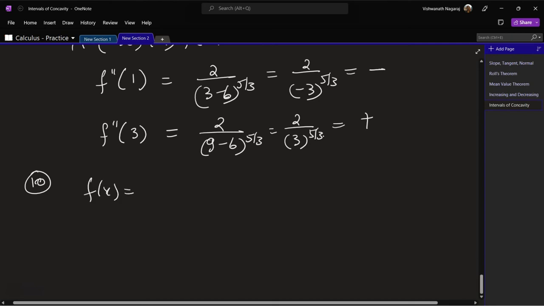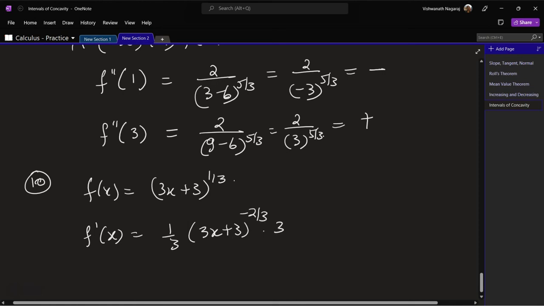f(x) is equal to (3x + 3) to the power of 1 by 3. Very similar to the previous problem. So f'(x) is equal to 1 by 3 times (3x + 3) to the power of -2 by 3 times 3. So 3 cancels.